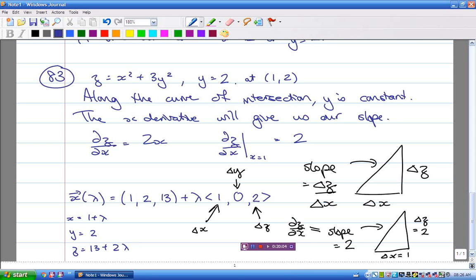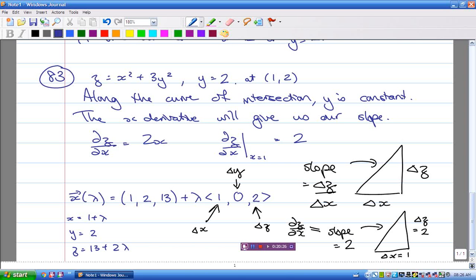I would parameterize that. I'd say let x equal t, and then z would equal t squared plus 12. My y would be 2, and that would be my curve of intersection parameterized. That would be my r of t for the actual curve of intersection. And then to find the tangent, I'd work out r dash and go on from there. Okay, so that is how we would have done it a week ago.